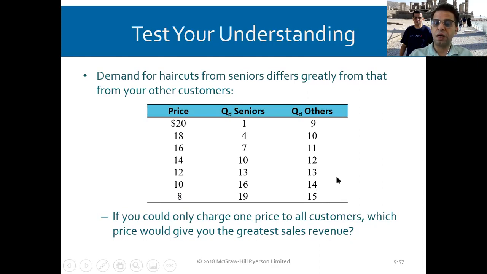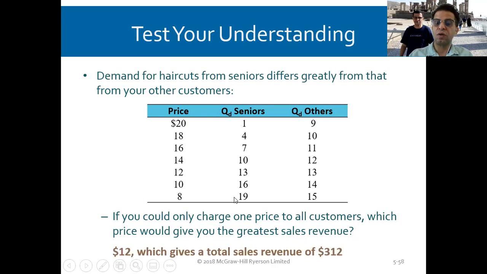Here we want to maximize our total revenue, so we separate seniors from others. If you could only charge one price to all customers, which price would give the greatest sales revenue? How do you do that? At $20, 9 plus 1 is 10, multiplied by 20 is 200. At $18, 10 plus 4 is 14, multiplied by 18.